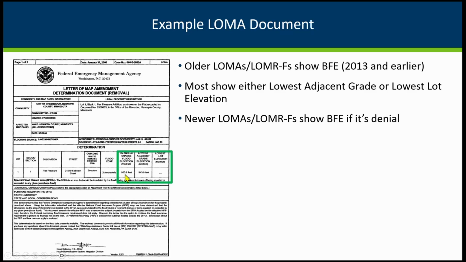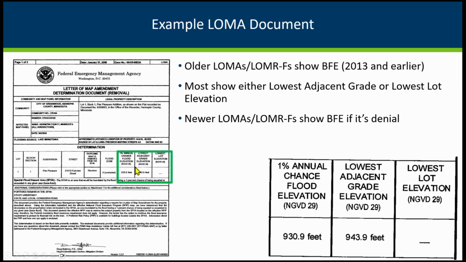So if we look at the information in this area of the determination document, it'll show the base flood elevation that they use, the 1% annual chance flood elevation they use. Before about 2013, they actually would put it on the document. So if you happen to see an older one, you've got some helpful information there. On the newer ones and the older ones, they will show the lowest adjacent grade.